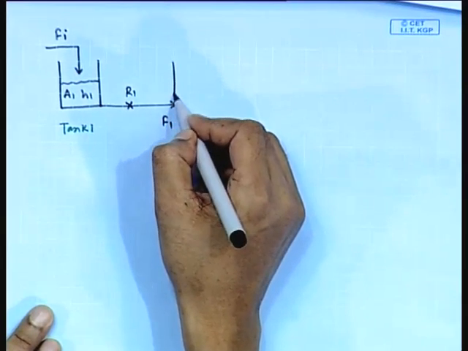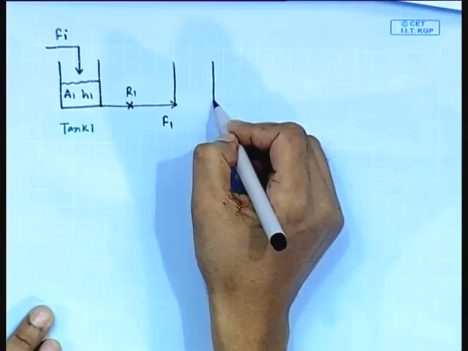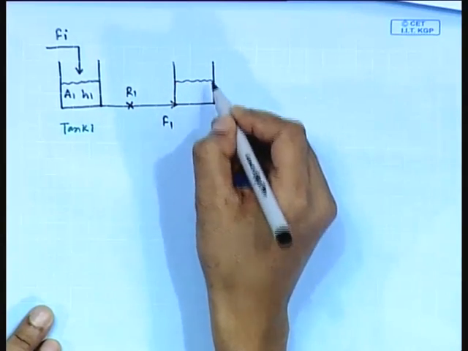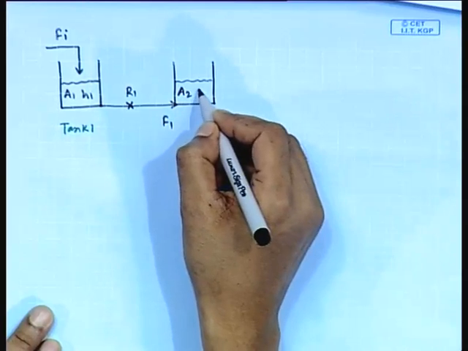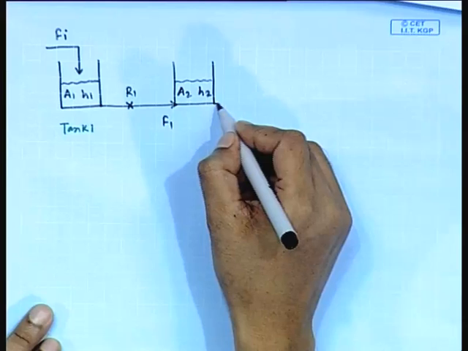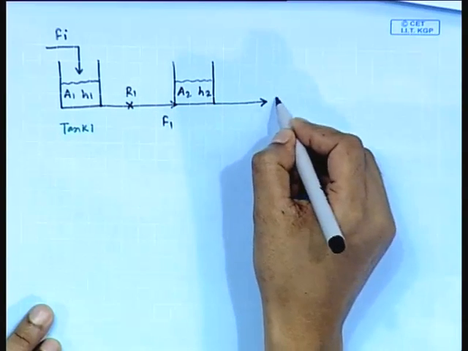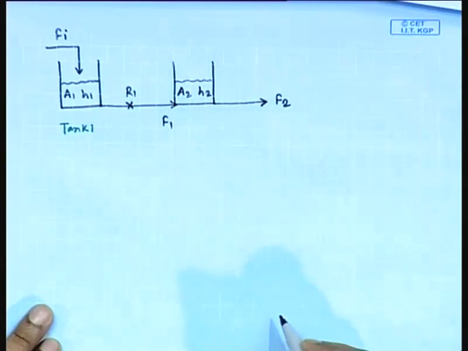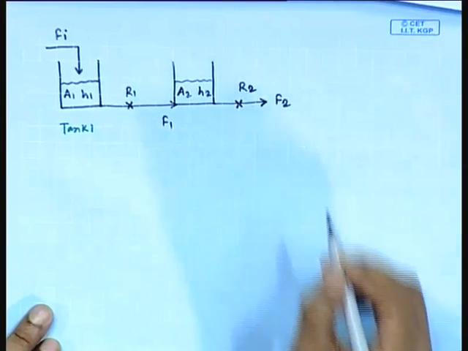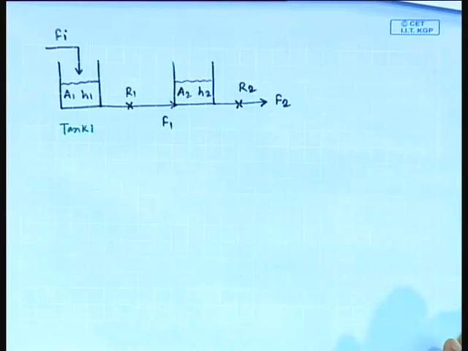Second tank is placed here. Cross sectional area A2, height H2. Output is F2, fine, and resistance is here R2. This is the second scheme in which we have connected the two tanks in series.